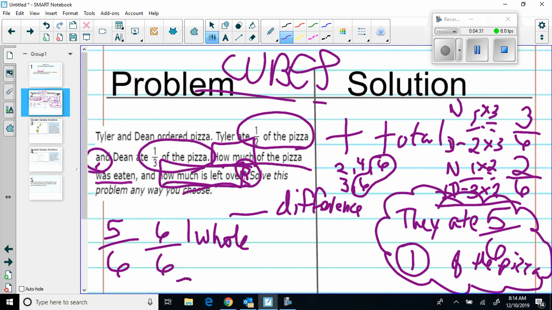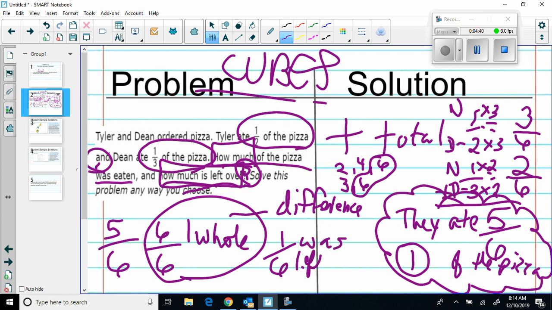So how much was left over to get to 1 whole? It would only be 1/6 left over. I love adding and subtracting fractions. As you can tell, that makes it a lot of fun. So we have, they ate 5/6 of the pizza and they only had 1/6 left over. So not too much leftovers.